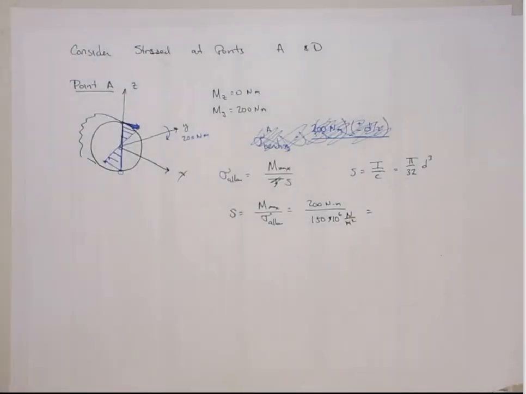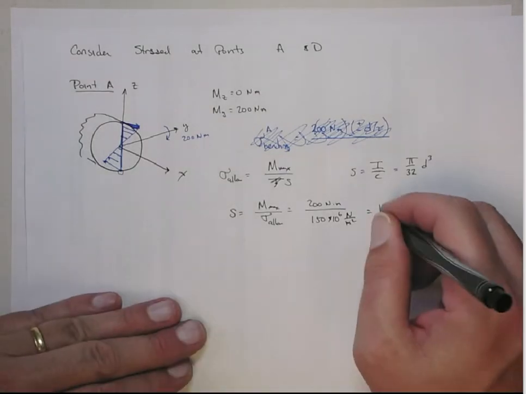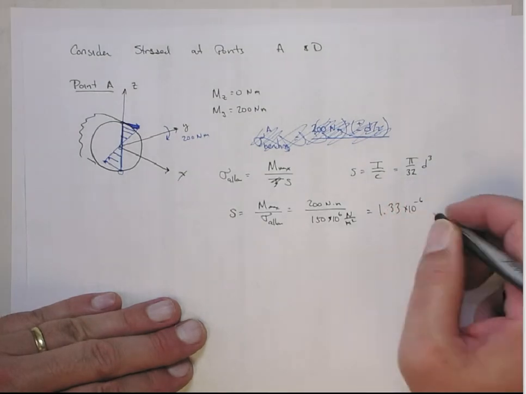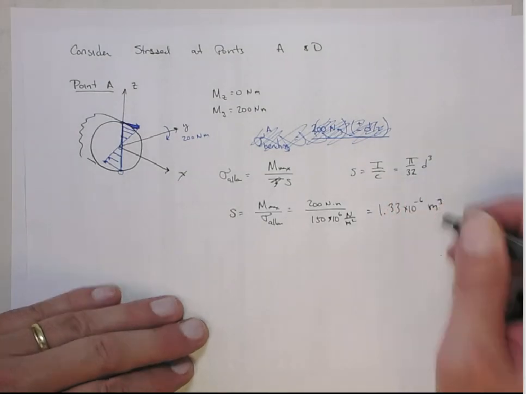And that's going to give me an S equal to 1.33 times 10 to the minus 6th meters cubed, all right?